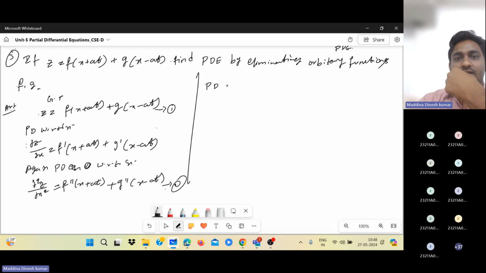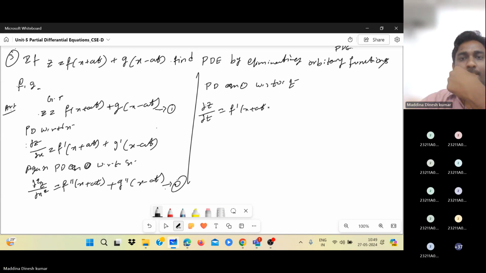Partially differentiate equation 1 with respect to t. Then we'll get here dou z by dou t equals f dash of x plus at into a will come.